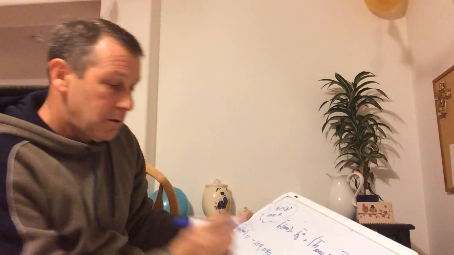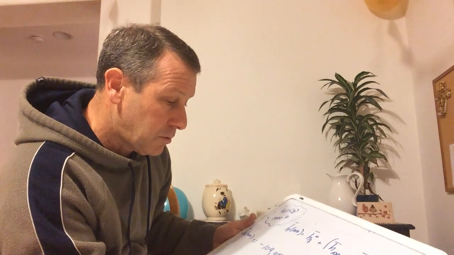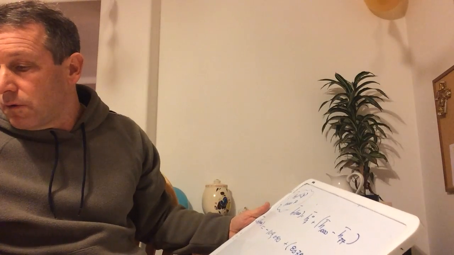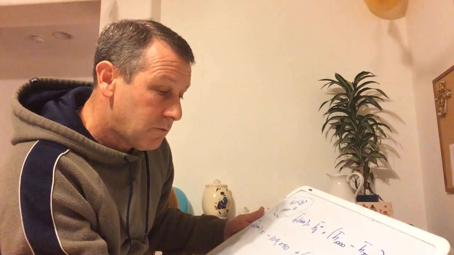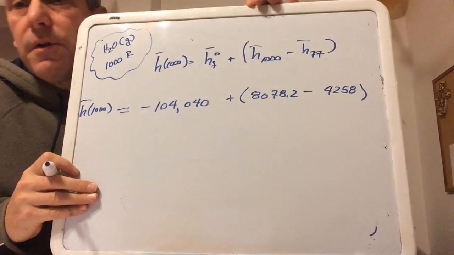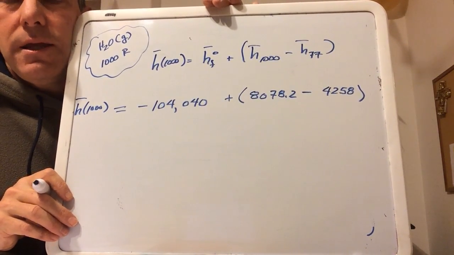Hopefully you are looking at the tables and finding the 1,000 number and also the 537 number. Let me find those myself and you can check my work. Okay, there we go. I got it, the enthalpy of water vapor at 1,000 Rankine.